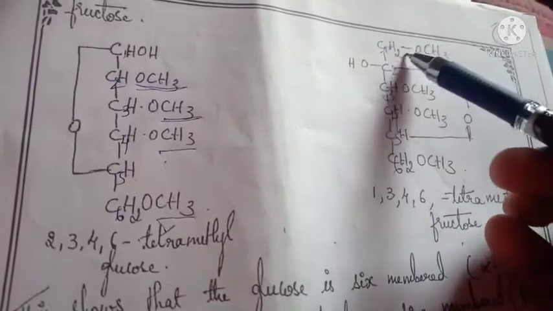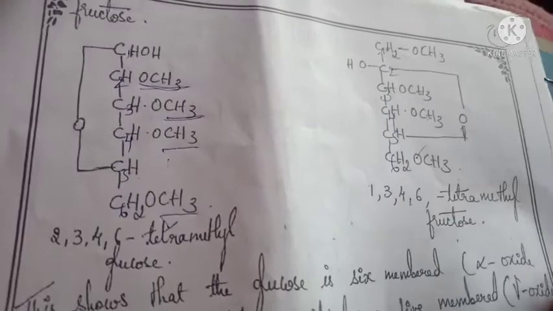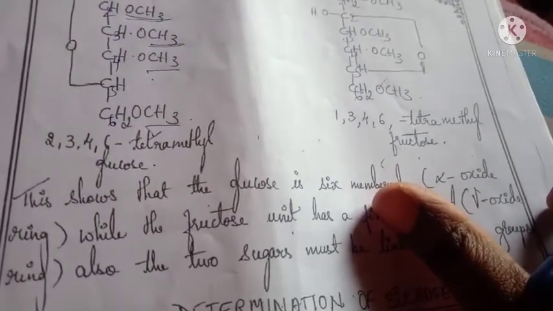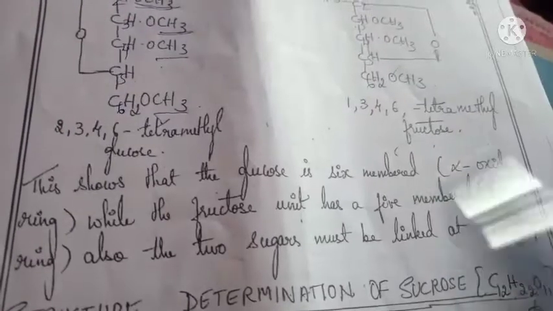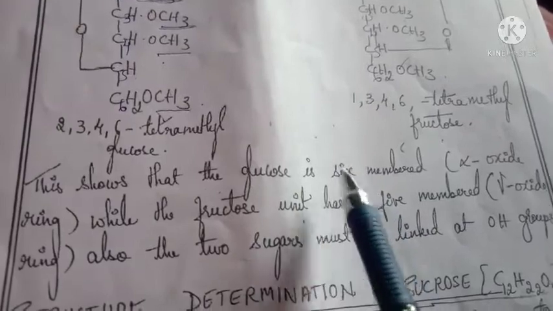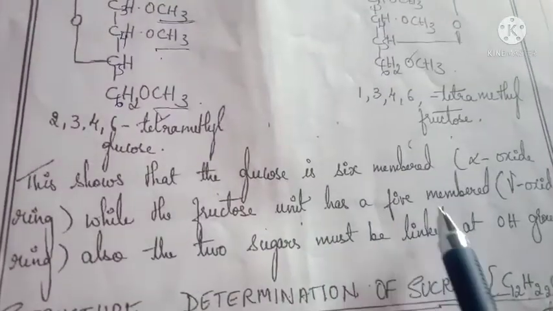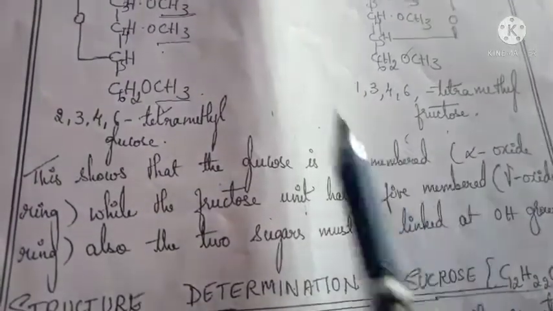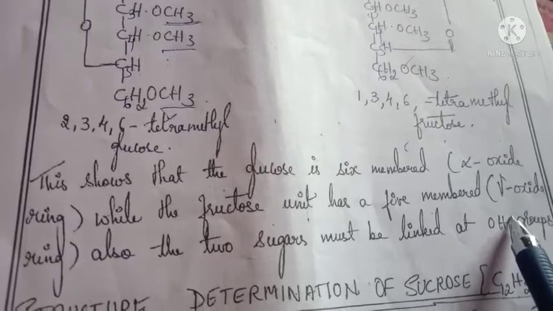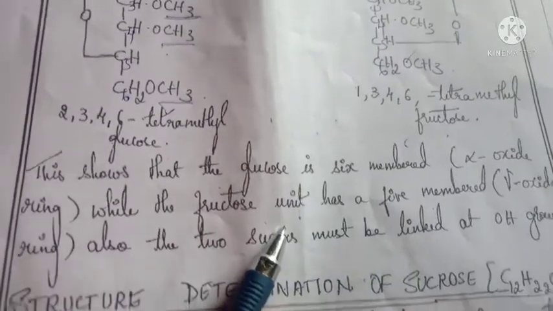In that, the first carbon atom, third, fourth, sixth has a methyl group. So this is the 1, 3, 4, 6 tetramethyl fructose. In this glucose, we can conclude that the glucose is a 6-membered ring, while the fructose unit has a 5-membered ring. So it is an alpha oxide and it is a gamma oxide. Okay, a 6-membered oxide ring is also present.